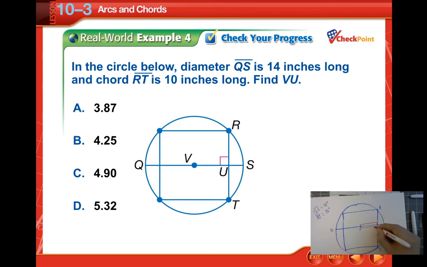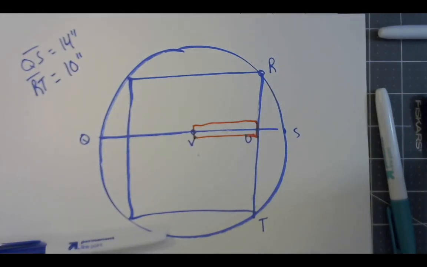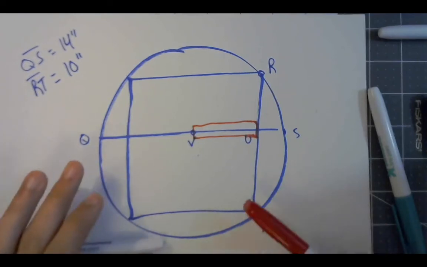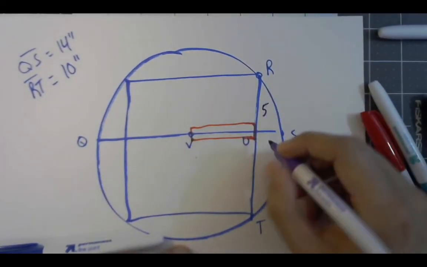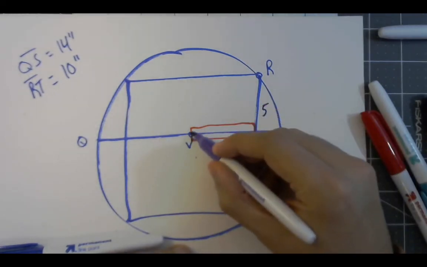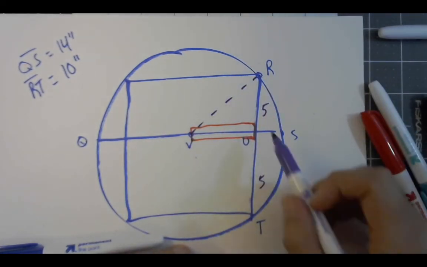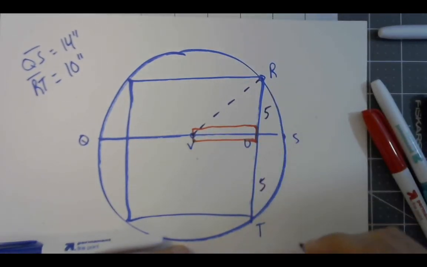I want this right here, hopefully with no mess ups. Okay, so what do I know? I know R to T is 10. That means I have to cut this in half, so that's 5 and 5. I'm also going to make another right triangle. So this is my right triangle I'm going to solve. I'm going to have one of the legs.